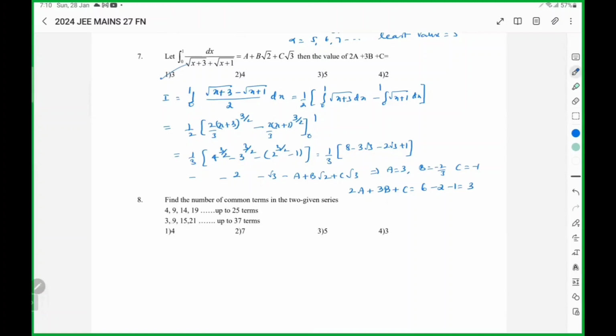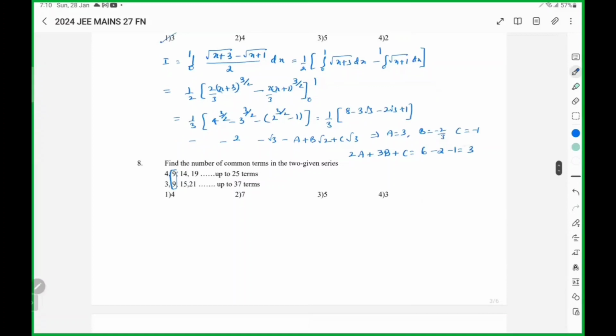In this, if you observe here, the first common term is 9. Maybe this is one AP, some term of this AP and some term of the other AP will coincide. So I will start with 9 instead of 4, 3.